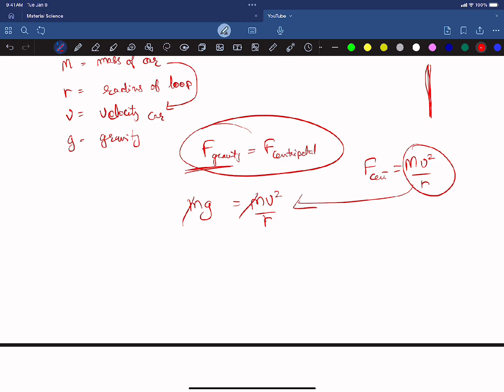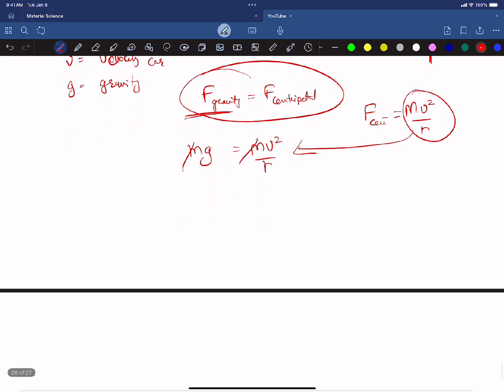This m will cancel out from both sides, and now we have g is equal to v squared by r. Now rearrange this equation, then v squared is equal to g times r, so v is equal to the square root of g times r.